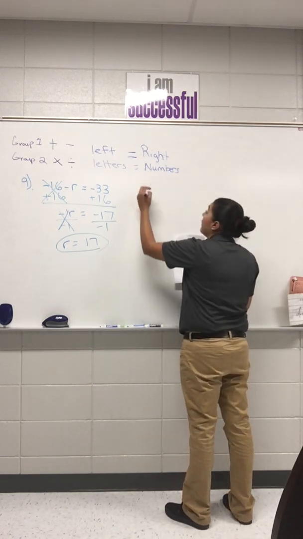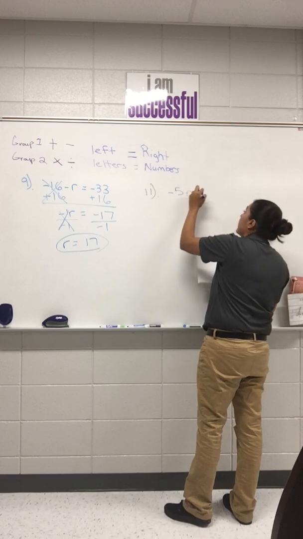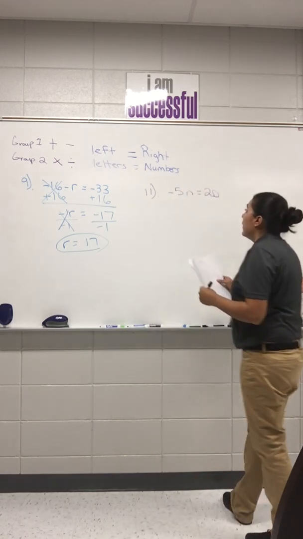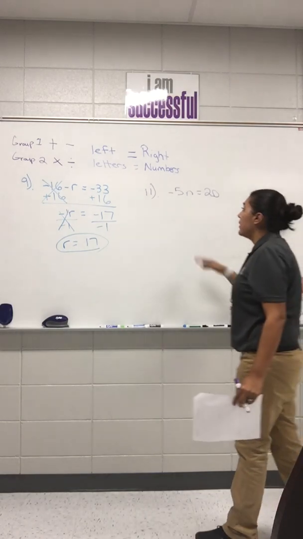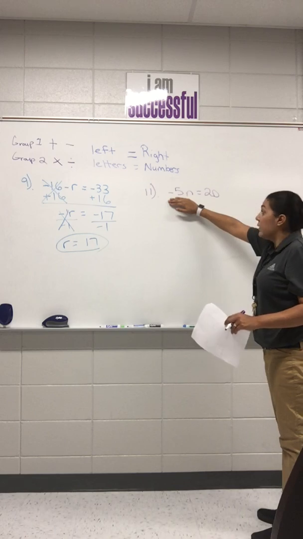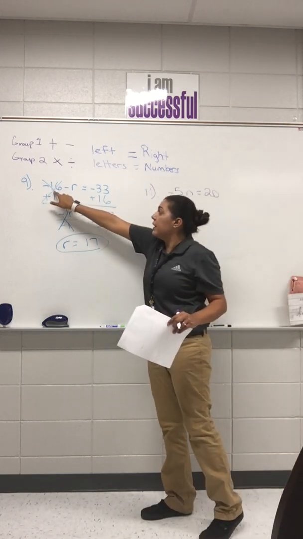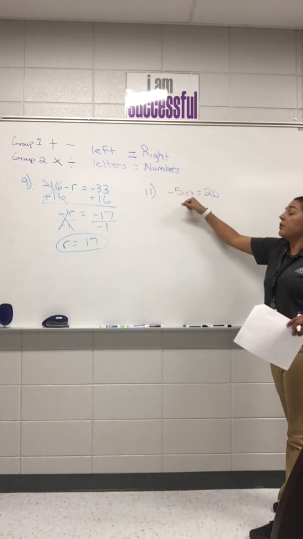Okay, number 11. Minus 5n equals 20. So we need to look, is this a letter or a number? It's only a number if it's by itself, like the 16, that's a number. So this one, it's going to be a letter, it's attached to the letter, okay?